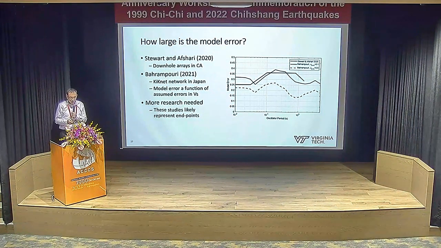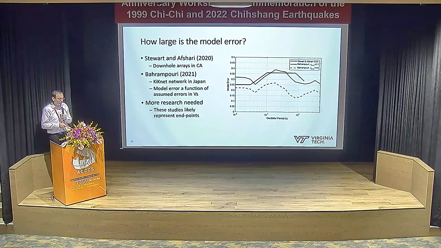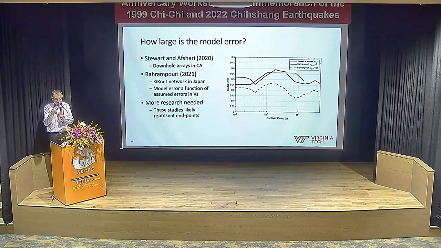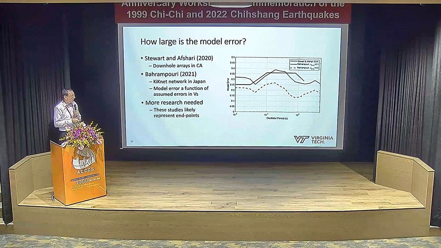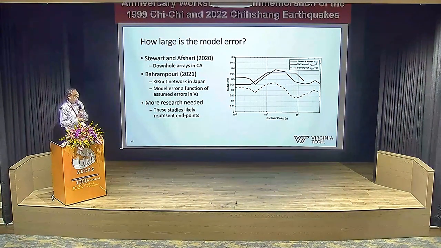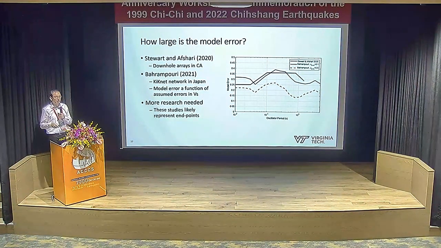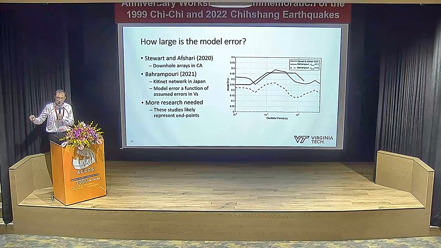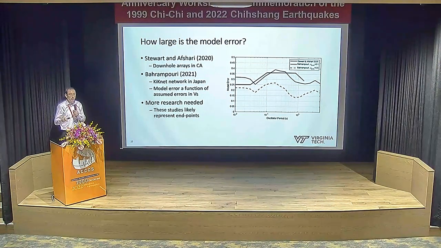I have a student, Mahdi Bahrampouri, who computed uncertainty using KiK-net, using surface and borehole arrays in the KiK-net stations, within a Bayesian framework. And depending on how much uncertainty we assign to our velocity profiles, we get either large model error if we assign low uncertainty to our measured velocity profiles, or we get relatively low model error if we assign relatively large uncertainty to the velocity profiles that we are starting with.